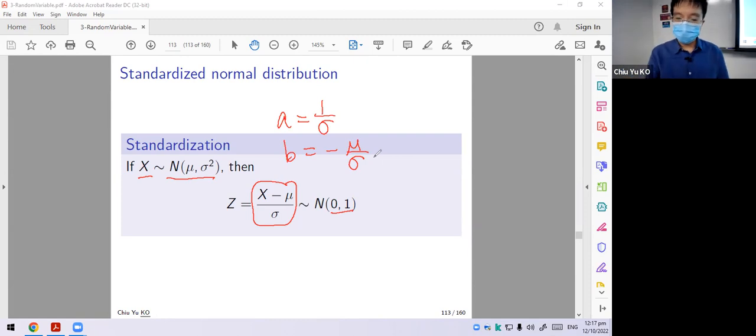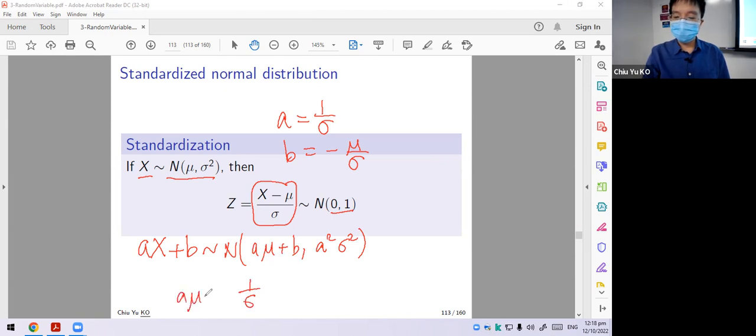If you don't want to check, let me show you. aX + b is normal with mean a mu + b and variance a squared sigma squared. What we have now is a is 1 over sigma. So a mu + b is mu over sigma minus mu over sigma, which is 0.